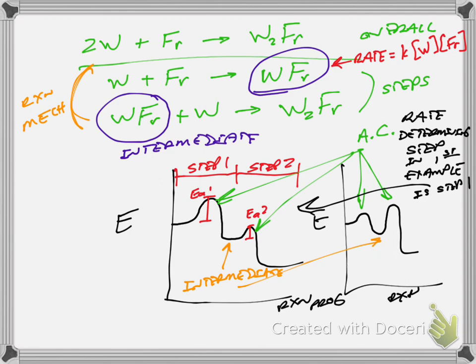For elementary reactions, and only for elementary reactions, because we are running on the assumption that that's the collision that actually takes place, it turns out the coefficients in the equation give you the reaction orders directly. In this example, the first elementary step is W plus FR yields WFR. That step alone would have a rate law of rate equals k times the concentration of W times the concentration of FR.